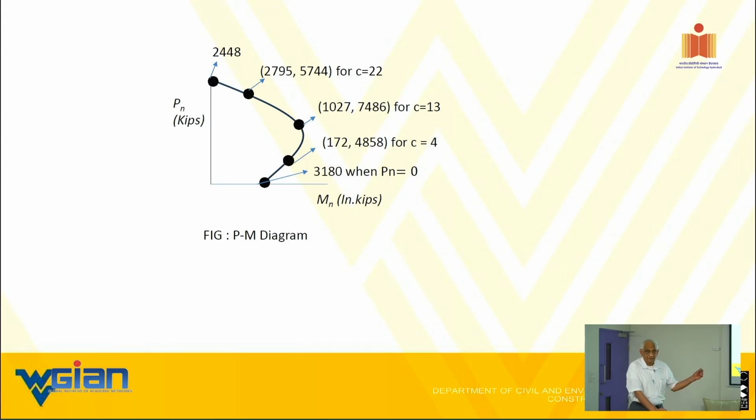And then you have to multiply this with the appropriate phi factor, exactly. That reduction factor varies depending on whether this section failed in compression or tension. So this is not the true actual design number.